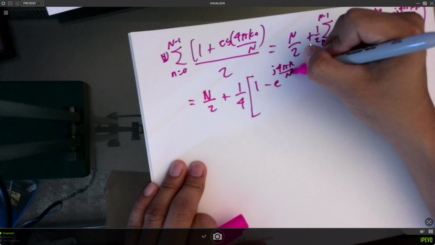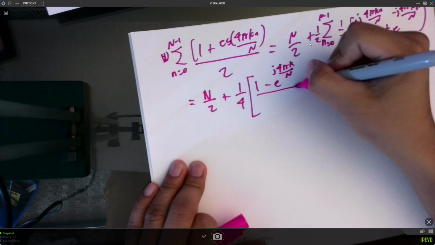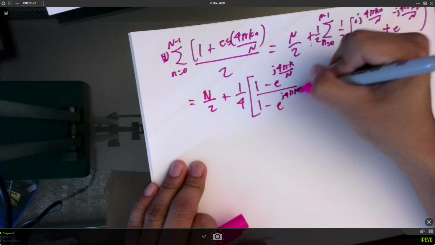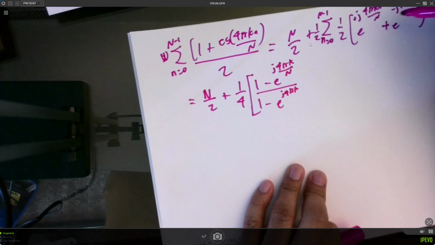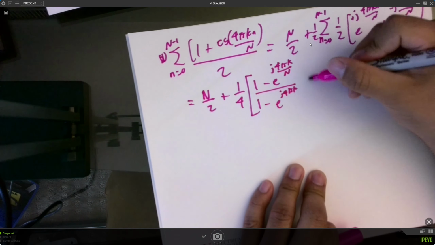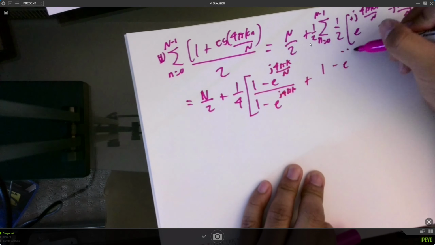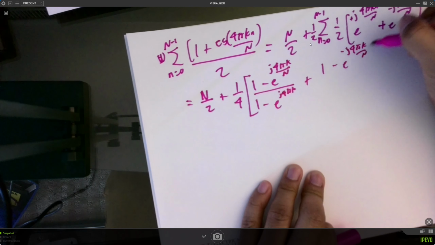Is it really? I think it is. And yes, I think so. 1 minus e to the j 4 pi k. There we go. Yes. Which is that first term. Yep. Then plus 1 minus e to the minus j 4 pi kn.